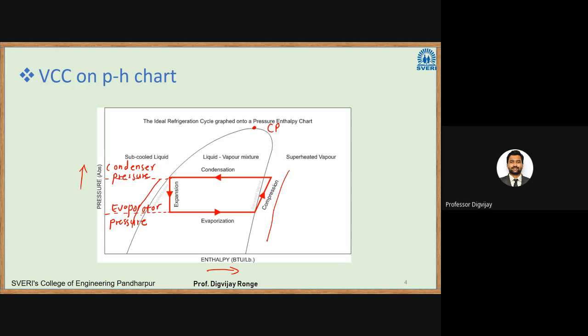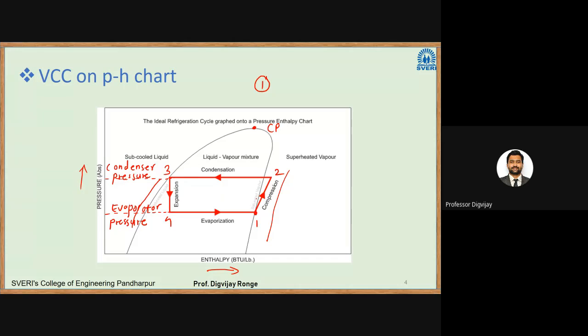Now see in this diagram what they are showing. If I take this as point 1, let us say this is 2, this is 3, and this is 4. Okay. Now I'll ask you, what is the condition of refrigerant at point 1? Is it a liquid, a vapor, or a mixture of liquid and vapor?